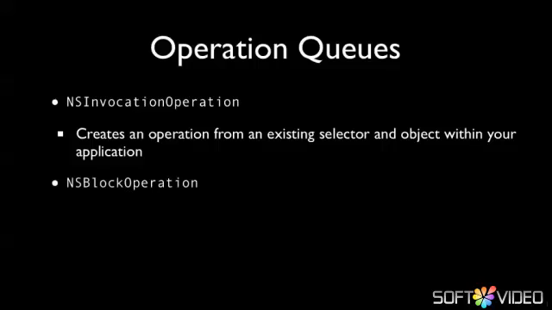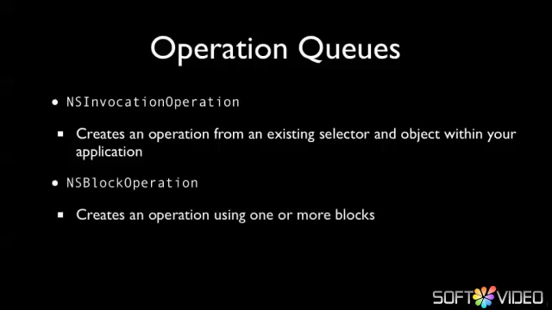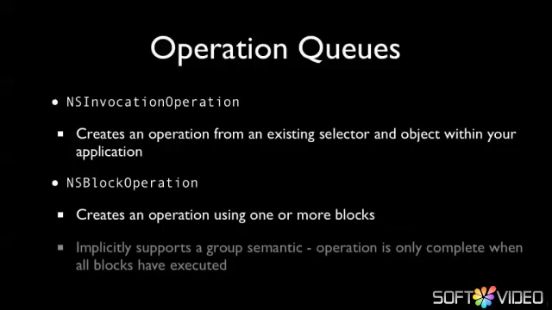NSBlockOperation will create an operation using one or more blocks within the application. NSBlockOperations implicitly support a group semantic. That means you can have several blocks added to an NSBlockOperation, and the operation will work through all blocks added to it in sequence. Once all blocks have been completed, the operation is then complete.